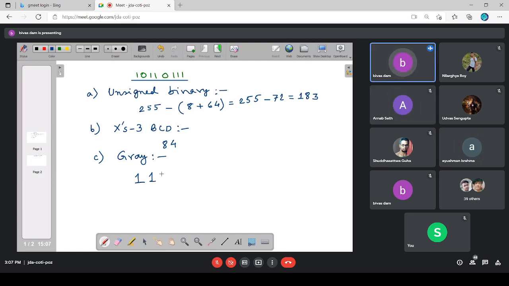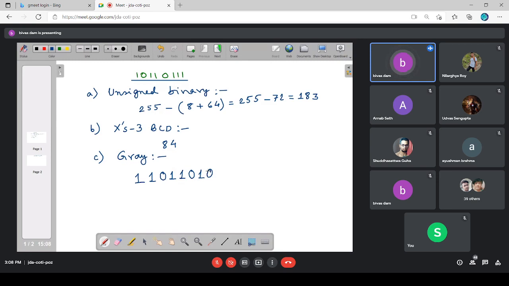So the present input, that is 1, needs to be complemented. What is the last output now? 0. So the present input has to be copied. Last output is 1, so present input 0 needs to be complemented. Last output is 1, so the present input 1 needs to be complemented. Last output 0, so the present input 1 needs to be copied. Last output 1, so the present input needs to be complemented.